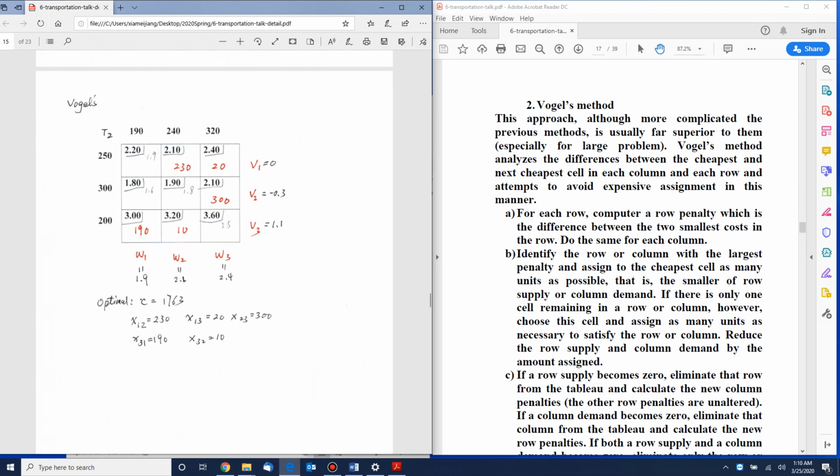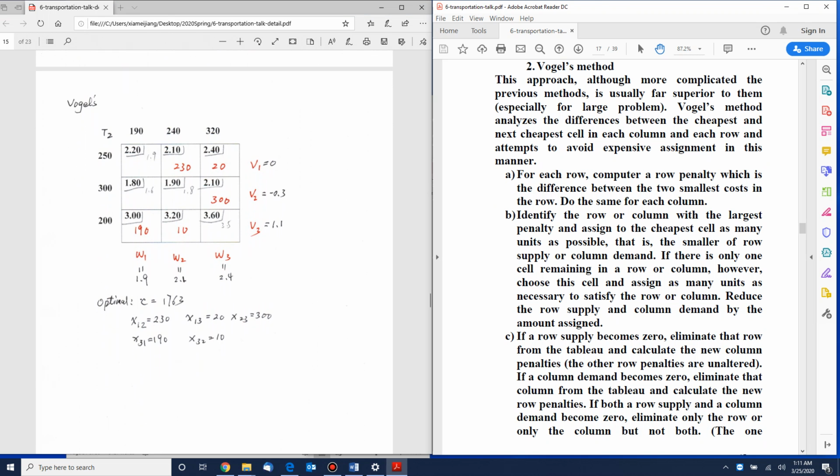So normally when you use Vogel's method, it is a little bit of trouble to build up an initial tableau. But when you build up the initial tableau, most of the time it's closer to the optimal solution, so you can save time working on the tableaus to get the optimal solution.